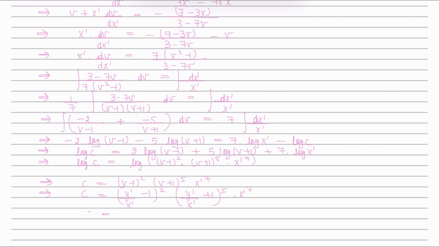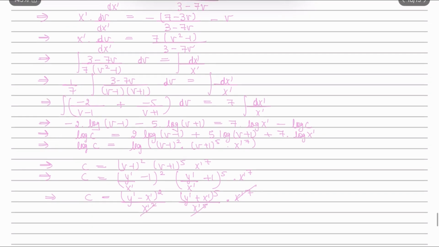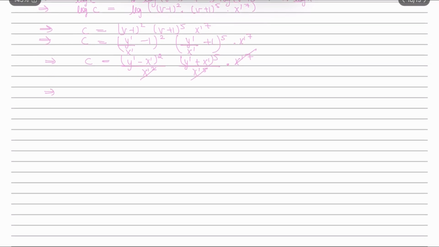Taking LCM, (y' minus x') to the power 2 divided by x' square into (y' plus x') to the power 5 whole divided by x' to the power 5, into x' to the power 7, and this will get cancelled out. The simplified version becomes c equals (y' minus x') whole square into (y' plus x') to the power 5.